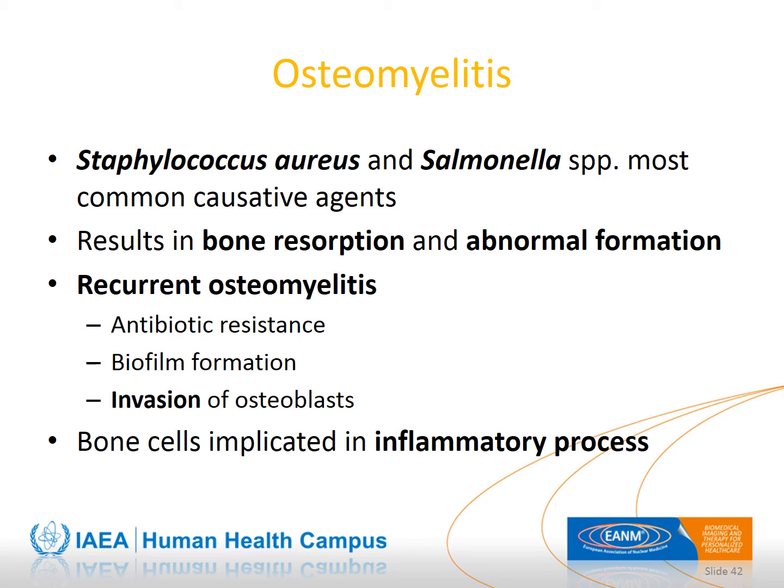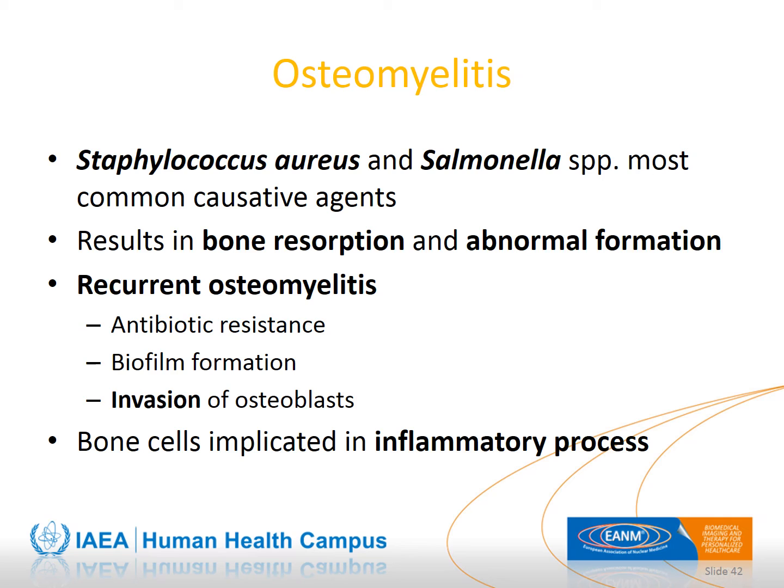The clinical picture is characterized by bone resorption and abnormal bone formation, as witnessed by the involucrum. Intriguingly, osteomyelitis can recur even after successful antibiotic treatment and without apparent cause. Possible mechanisms include antibiotic resistance and biofilm formation, but also direct invasion of microorganisms into osteoblasts, where they will be protected from the immune system response.